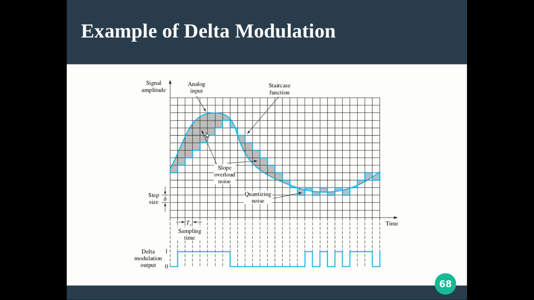So that is why we are getting this kind of difference, that is called slope overload noise. The slope of the signal is changing very fast, and we are not able to reach it. So that corresponds to the slope overload noise.